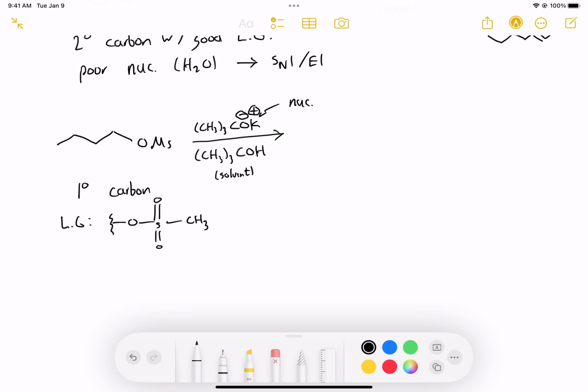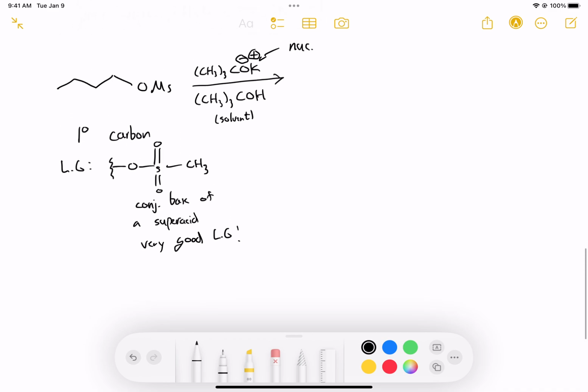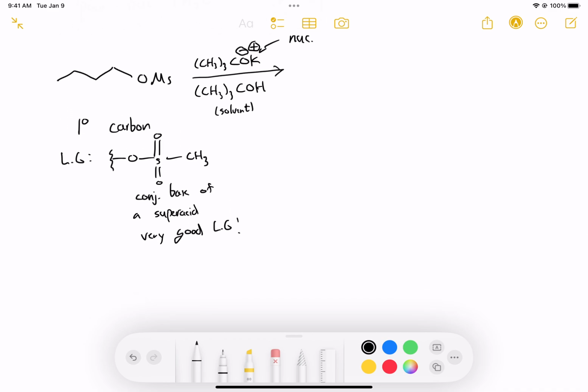These are good leaving groups because this group right here I've just drawn is the conjugate base of a strong acid, in this case, a superacid. So very good leaving group. So our primary carbon, a great leaving group, but we also have the nucleophile.